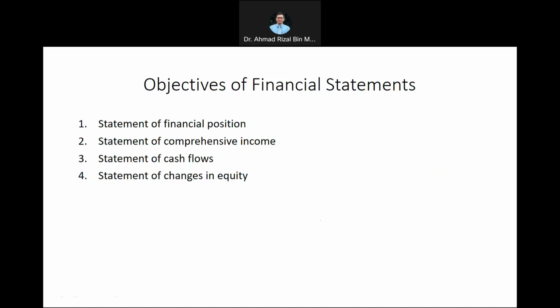The statement of cash flows looks at the evolution or progress of the cash related items. It combines both the balance sheet and the income statement to come up with the cash. So at the end of the day, you are able to come up with the net cash position as at the end of the year. So it's also a 1 year record of the activities that involve cash for that particular company.